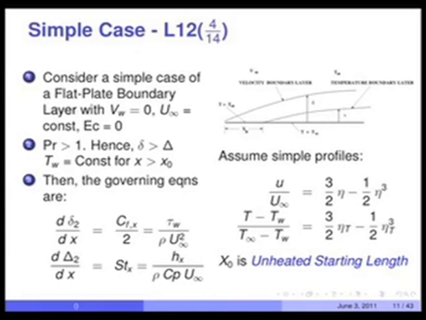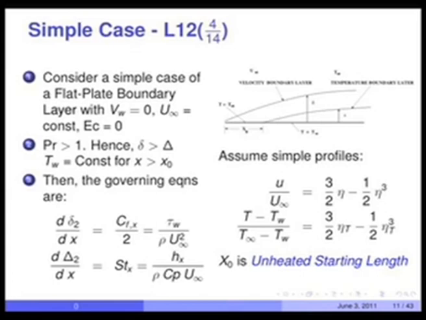It also satisfies the condition that u equals u infinity, that is u over u infinity equal to 1, at eta equal to 1, which is correct. It also will satisfy du by dy equal to 0 at y equal to delta. So, you can see that that condition is also satisfied, and therefore, the profile is quite okay.